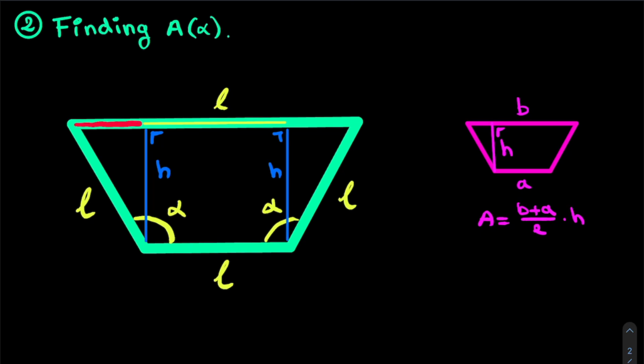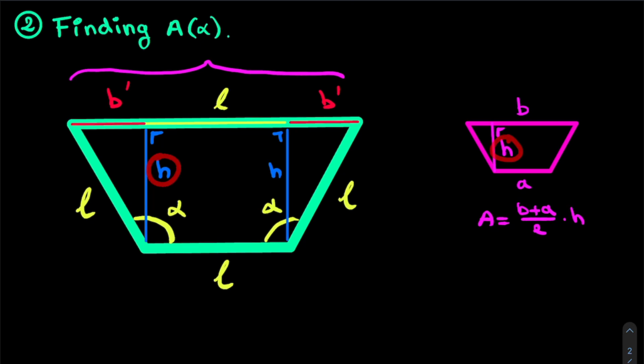And the remaining parts of our trapezoid on both sides of this L, we will call B prime. Thus we see that this B right here is simply B prime plus L plus B prime. And the h that we're looking for is simply h.